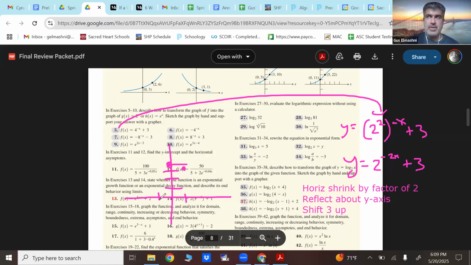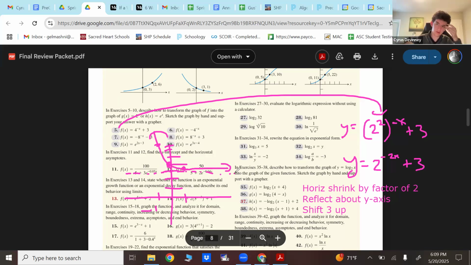If I plug in -1, I get 7. And as a horizontal asymptote, y equals 3. Okay, okay. Okay, yeah. Got it.